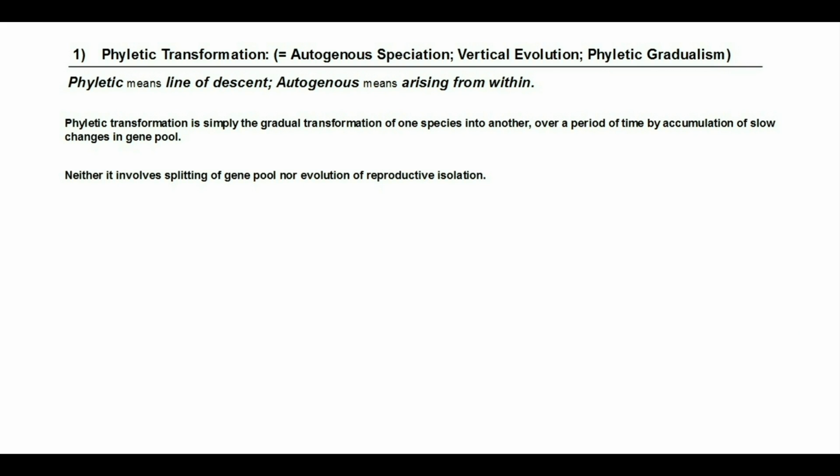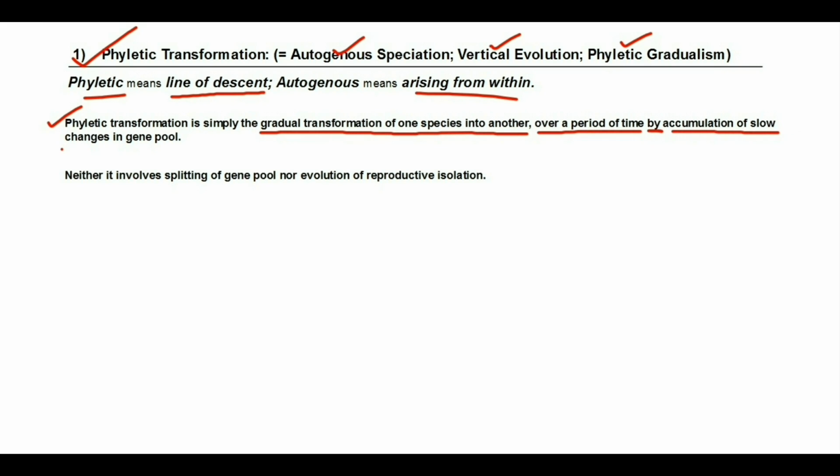Next is phyletic transformation. Many names are there for phyletic transformation: autogenous, vertical, and phyletic. Phyletic means line of descent, and autogenous means arising from within. So phyletic transformation is simply the gradual transformation of one species into another, and we have an example here.